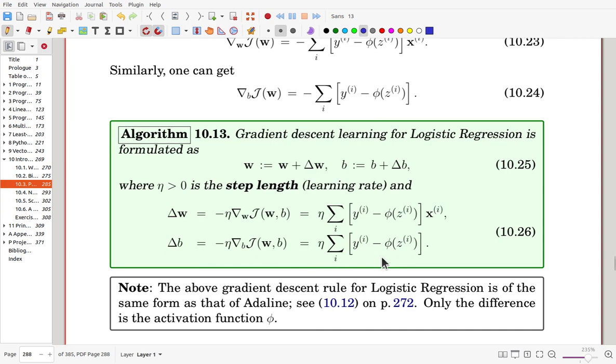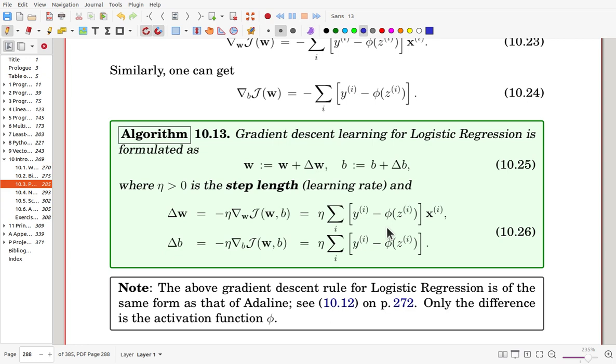Now this has exactly the same form as the Adaline algorithm. The only difference is that here we are using the sigmoid activation function, but in Adaline it is the identity. So there is no special change for the net input.